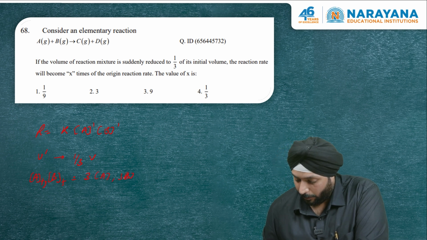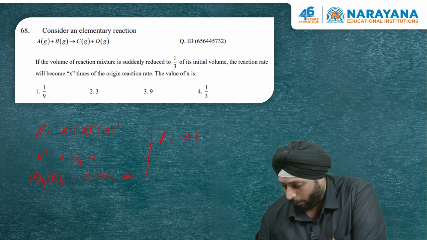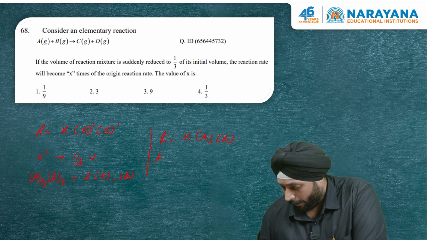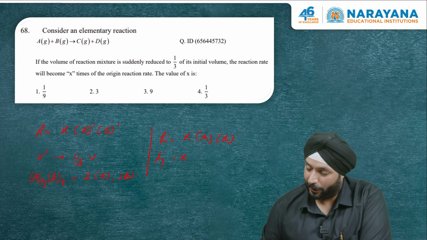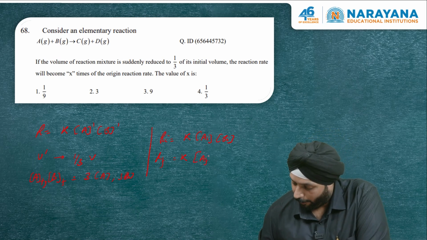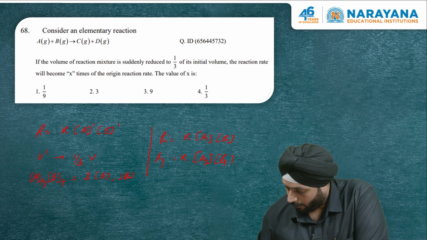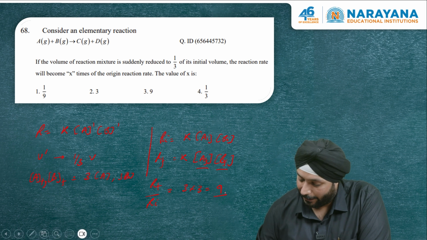So initial rate is k into A initial, B initial, and final rate Rf is equal to k, A final, B final. The rate constant doesn't change with change in volume, it depends on temperature. Now Rf by Ri, k will get cancelled, and with 3 times each concentration, 3 into 3 comes out to be 9. So the correct answer is 9.